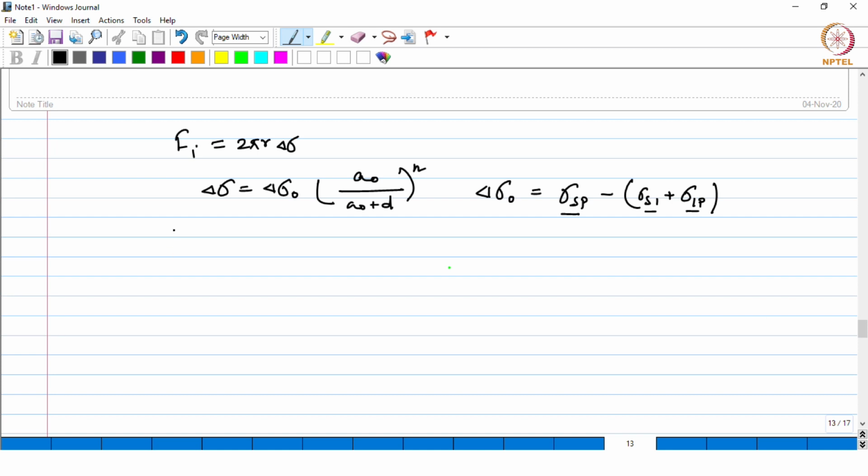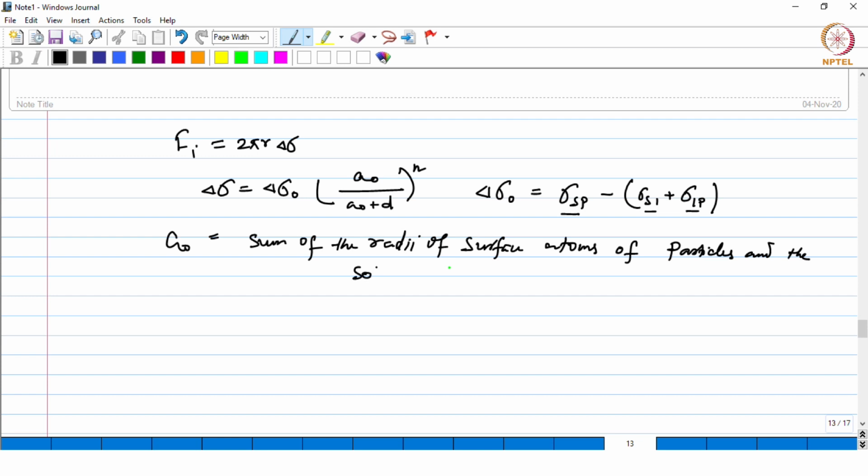And the term A naught is the sum of the radii of the surface atoms of the particles and the solid. And the exponent n varies from 2 to 7.